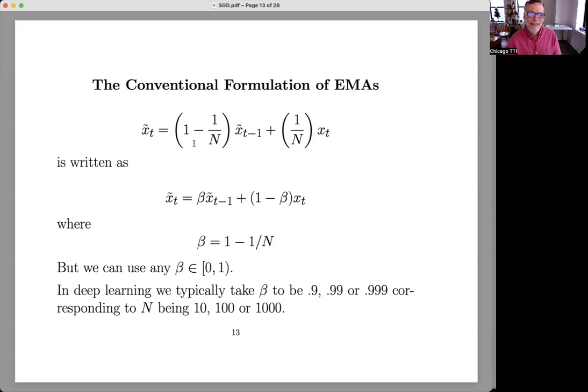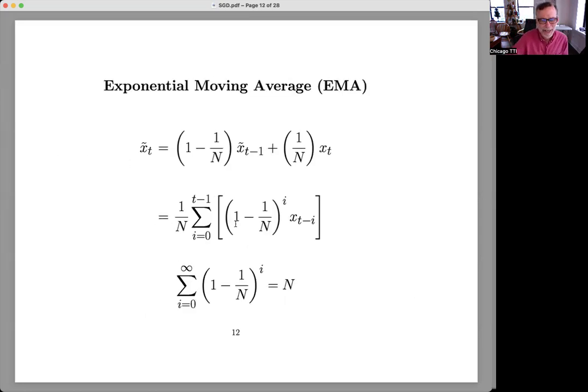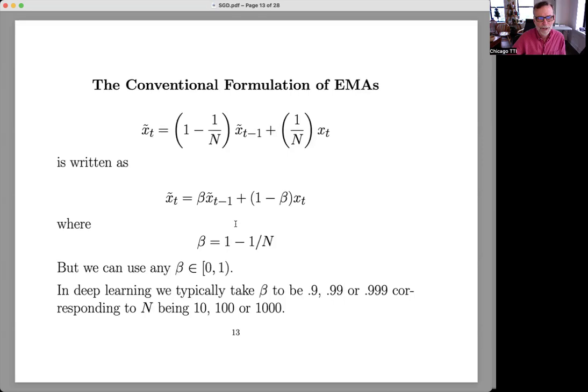And these two equations are the same. We can simply take beta equals 1 minus 1 over n. An advantage of this formulation is that we now think of beta as being any real number in the interval 0 to 1.